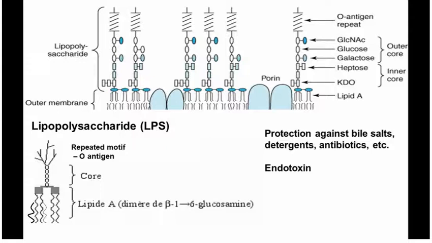So if you've got an infection by, I don't know, salmonella or a nasty E. coli infection, then the LPS on the surface of these bacteria is going to be detected by different innate immune receptors. And this is going to start up inflammation.